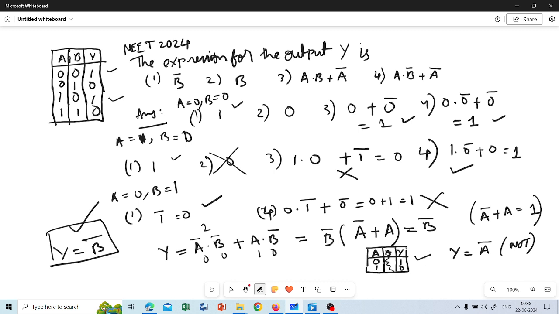This is how we get the expressions. I don't know whether it is derived or not, but this is how we form an expression for any gate from any truth table. Let me, for completion, derive this as well. If I take the OR gate truth table, A, B and Y: 0 0 gives 0, 0 1 gives 1, 1 0 gives 1, 1 1 gives again 1.